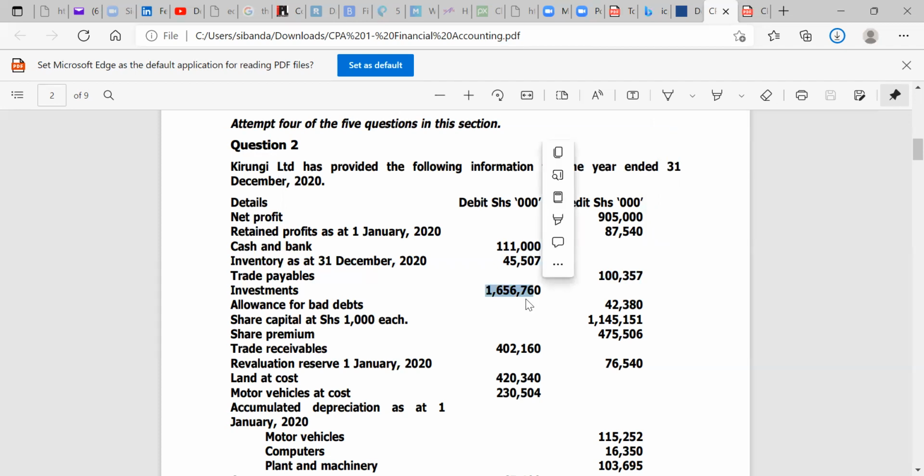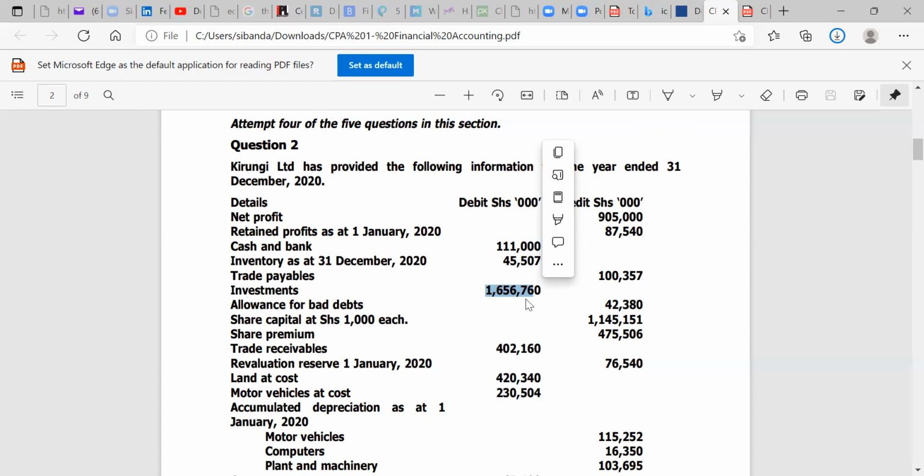And then we have investments. Investments is 1,656,760. Which investment? Now, in this case, businesses also have investments in other organizations, or they could also invest in, let's say, government securities. So this is investment. As you can see, it is an asset.